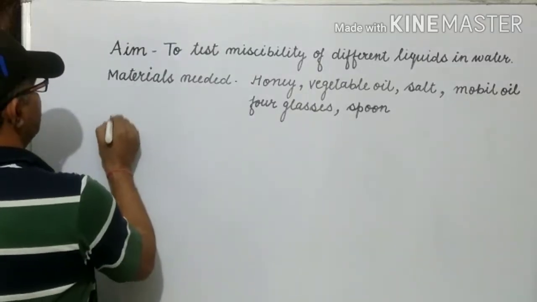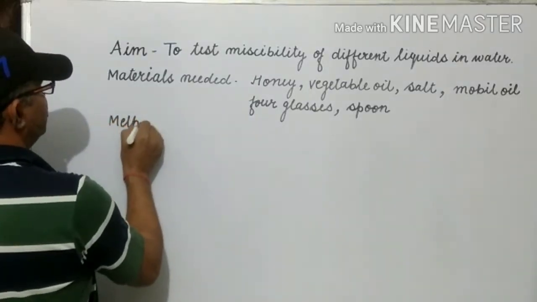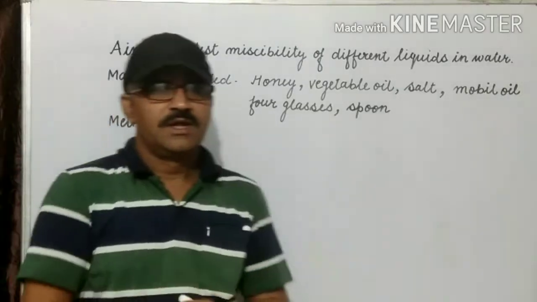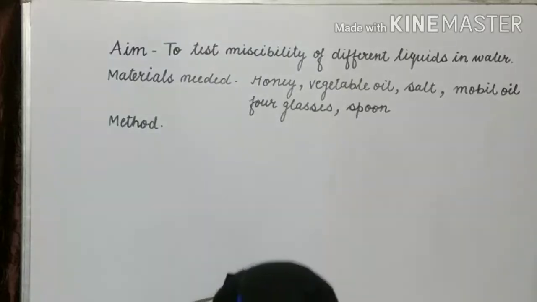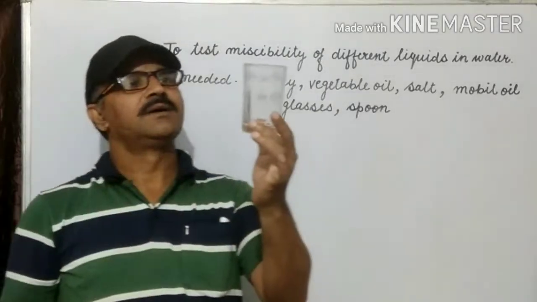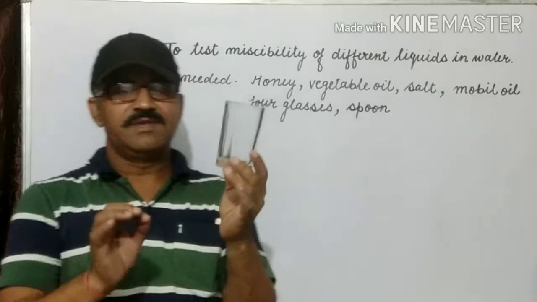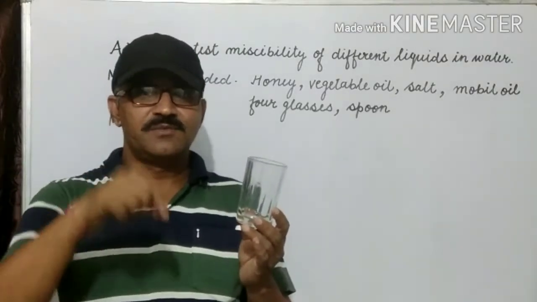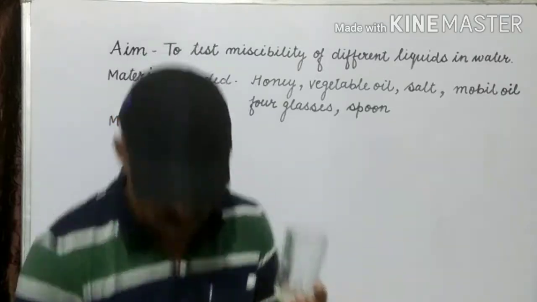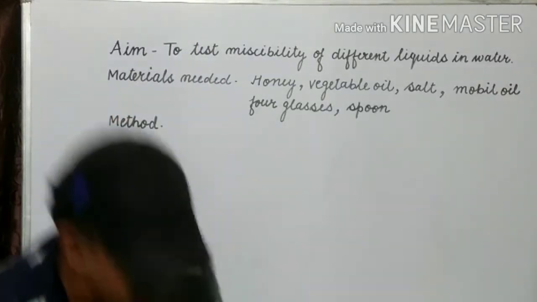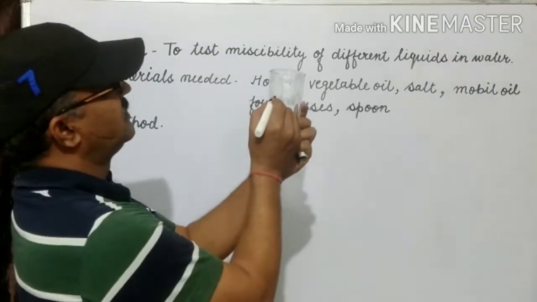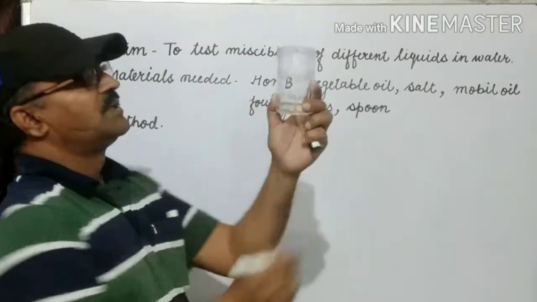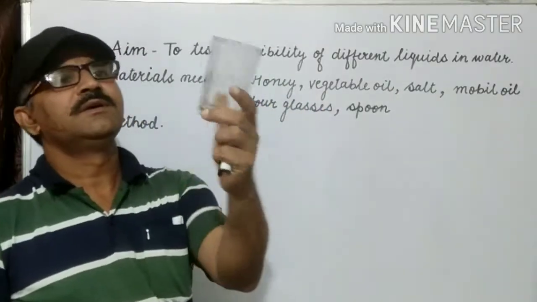Method: label the glasses. I have taken 4 glasses. Label the glasses A, B, C, D and pour water in each glass. First of all, I mark A, B, C, D. This glass is B, I think you have seen.